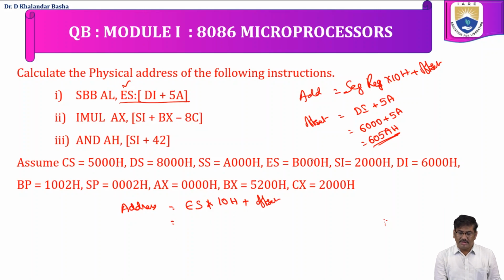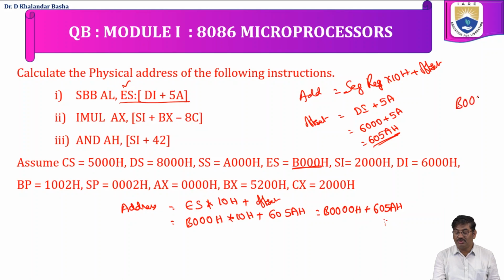In the given problem, the ES value is B000H multiplied by 10H, that is B0000H, and to that we add the offset value, which is 605AH.